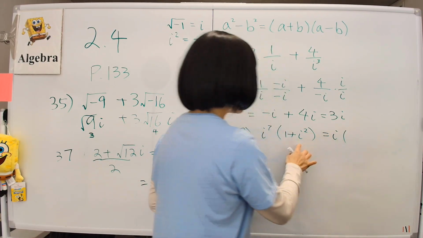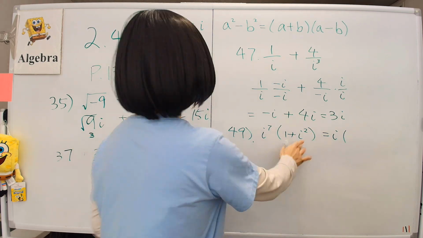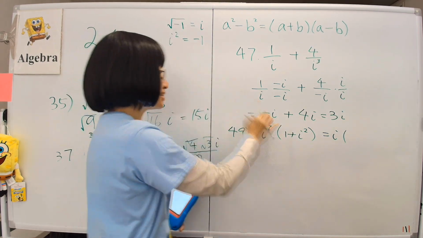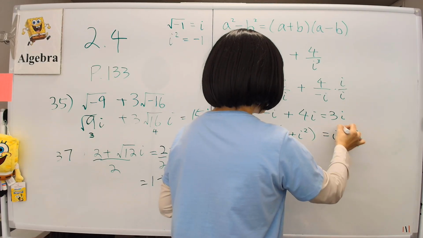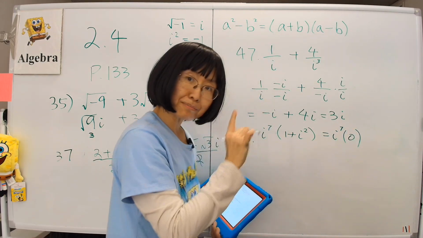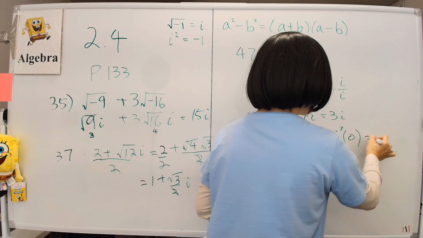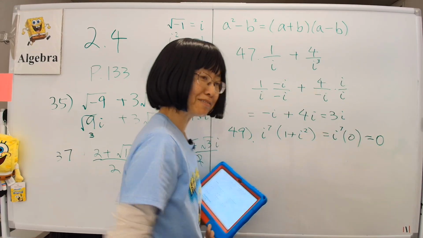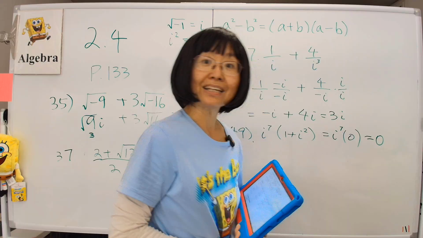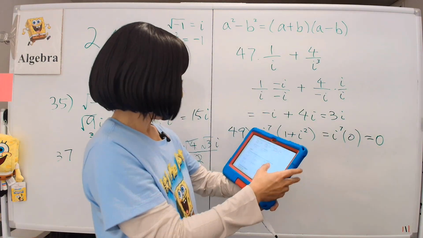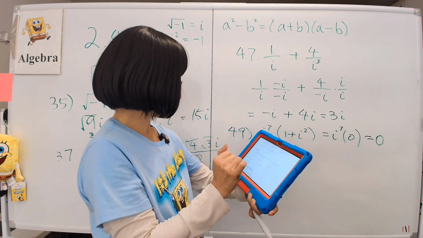What is i squared? i squared is negative 1, as we have said, right? So 1 plus negative 1 is 0. Anything times 0 is 0. So this answer is 0, period. We don't even care what i to the 7th is. And that's the answer of 49. Yep, 0. There's a shortcut, so to speak.